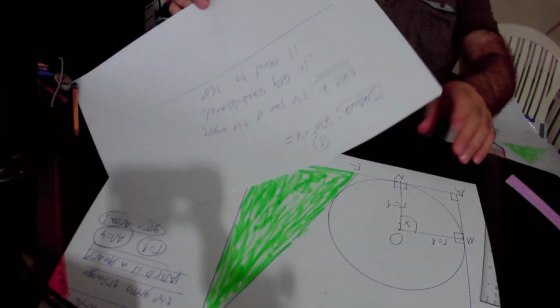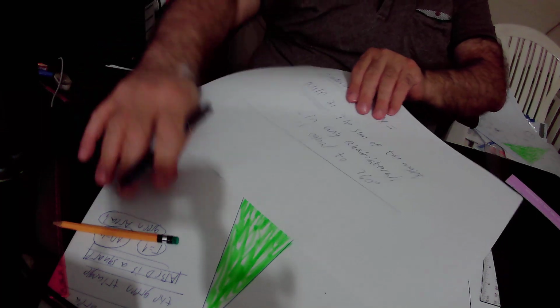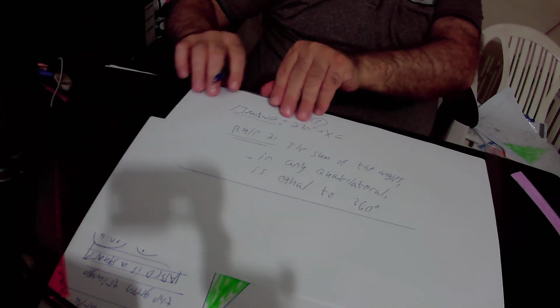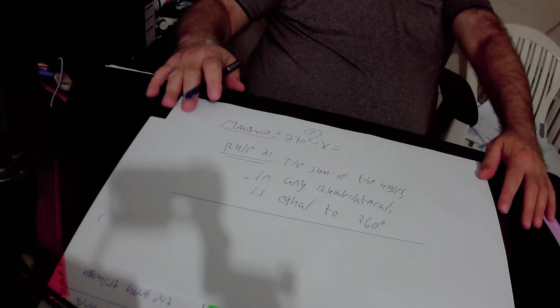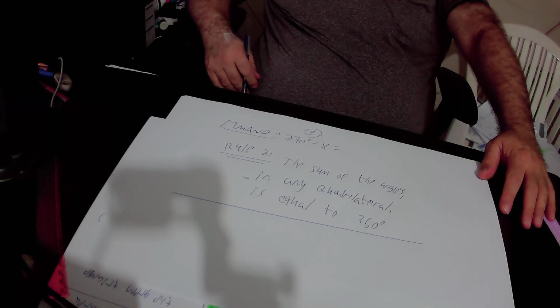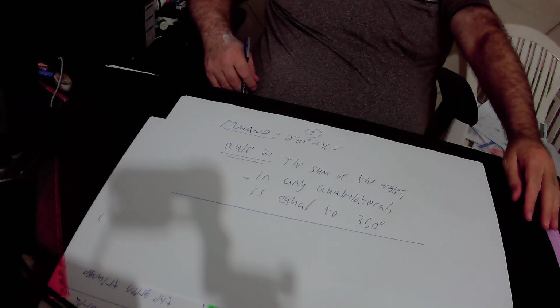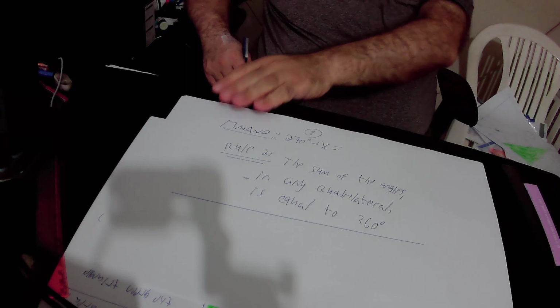I will repeat again: according to rule number 2, the sum of the angles in any quadrilateral is equal to 360 degrees.